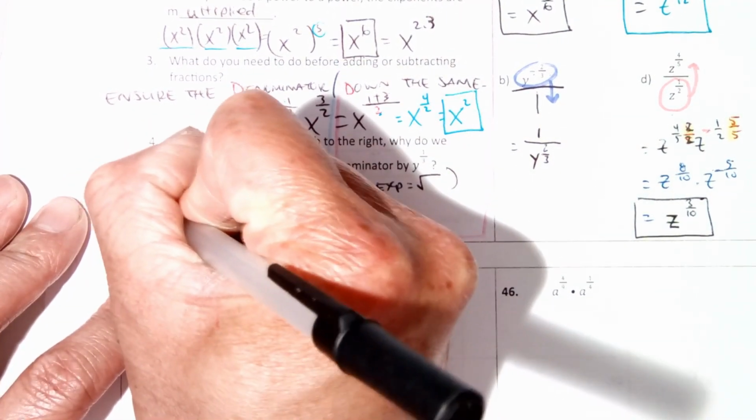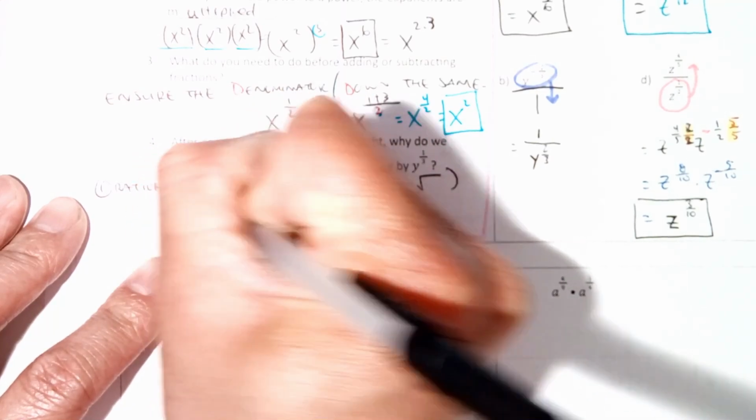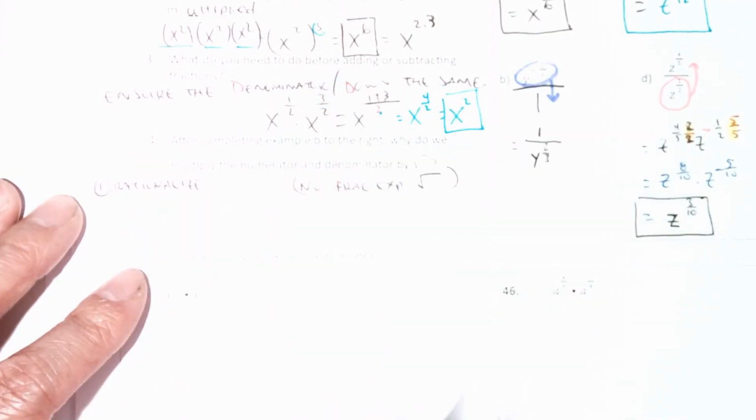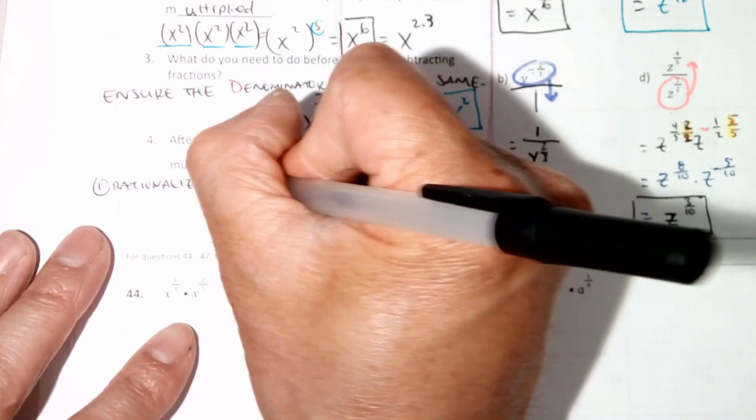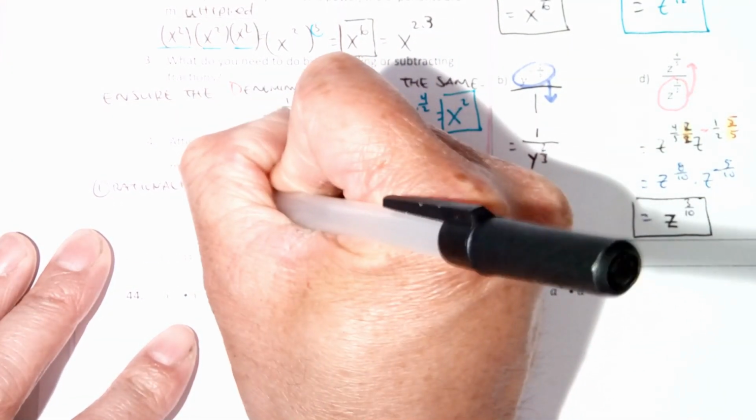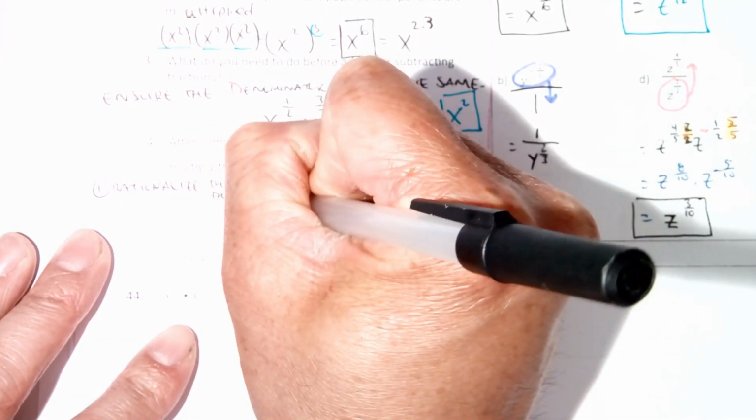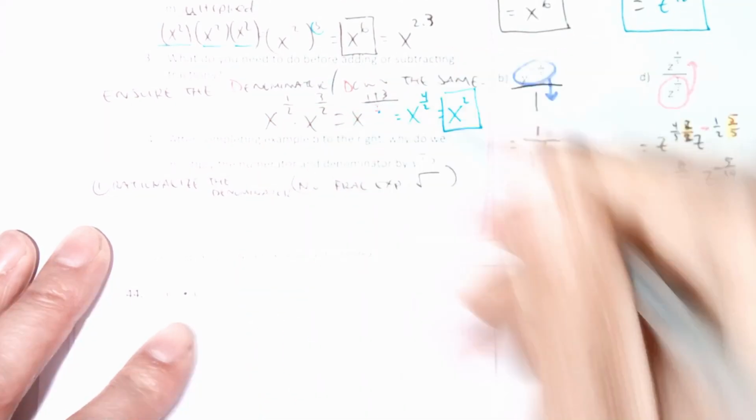In math, to get rid of that, we're going to do something called to rationalize the denominator. Rationalize the denominator.